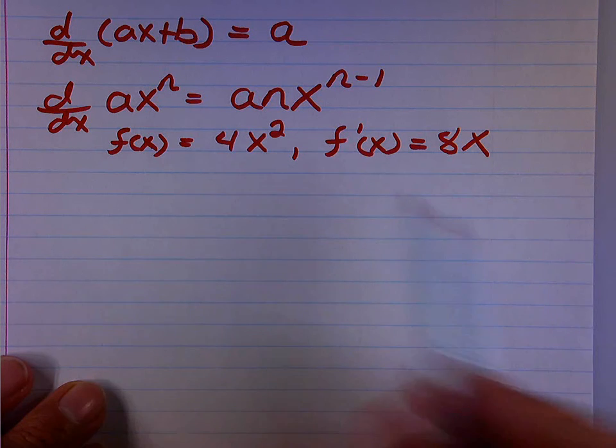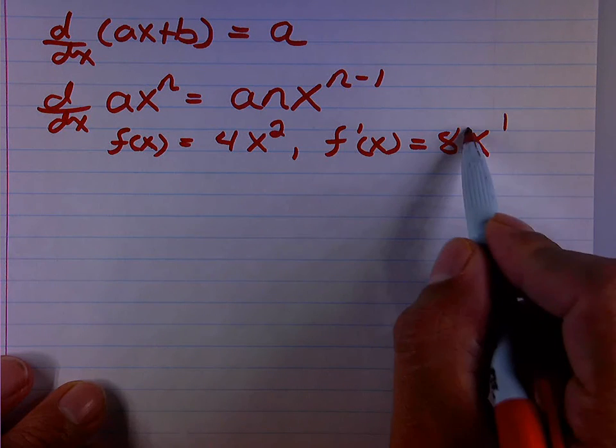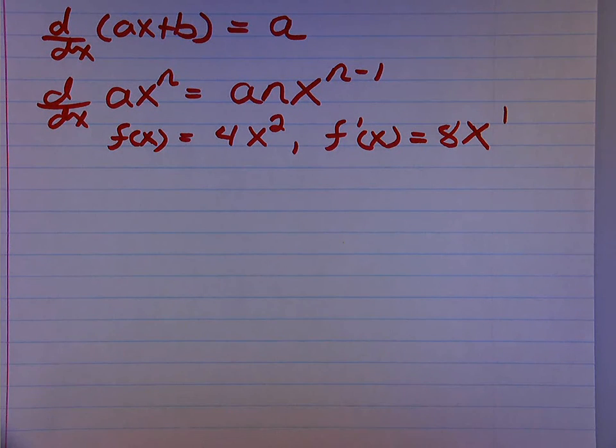So 1 smaller than 2 is 1. So the derivative of the power function f of x equals 4x squared is 8x to the first.